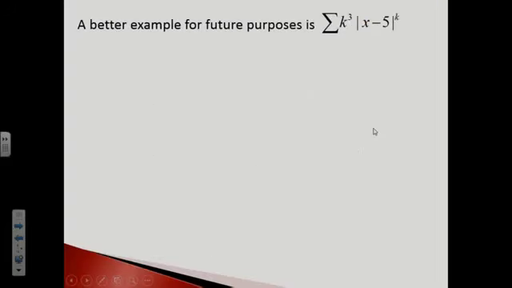We take another example of a power series. Find all numbers x so that the series sigma k cubed multiplied by the absolute value of x minus 5 to the power of k converges. We try the ratio test.